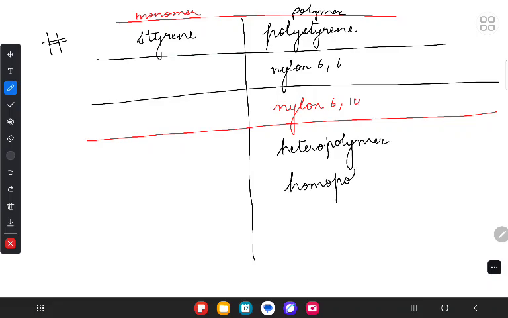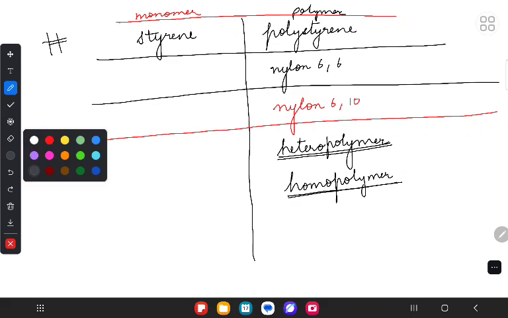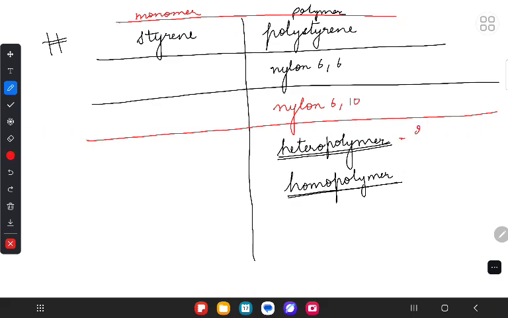What do you mean by homopolymer and heteropolymer? A heteropolymer has two or more different types of monomers.